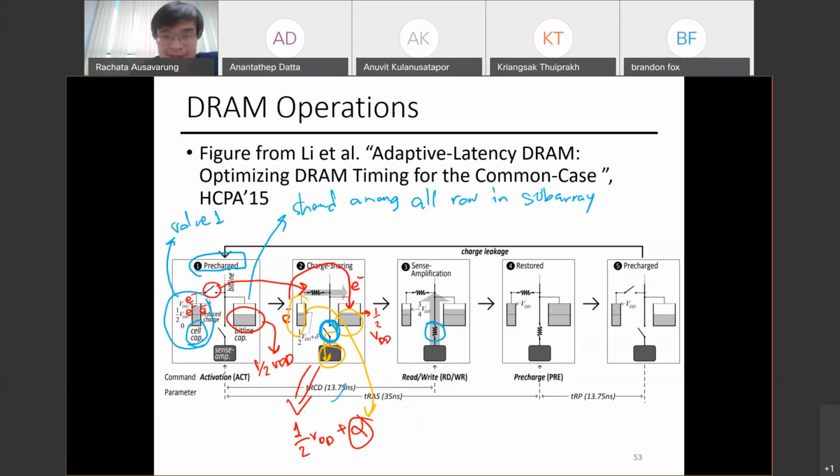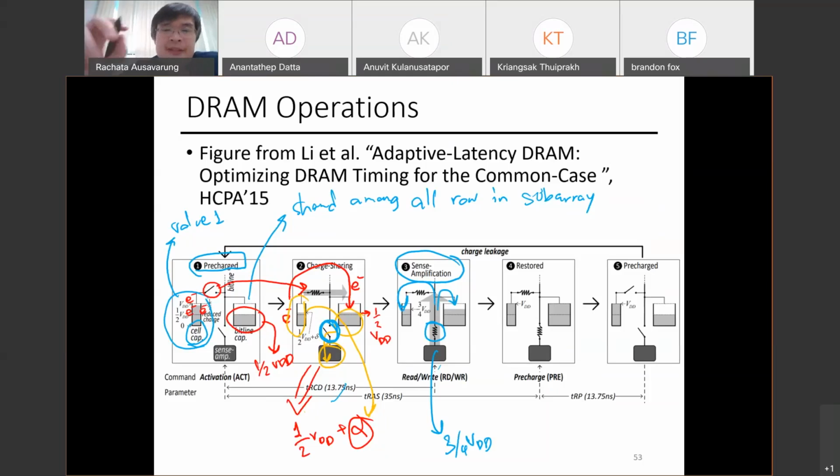When you close the gate, the sense amplifier will amplify the signal and put the electrons in here. So once it reaches 3/4 VDD, over here will be 3/4 VDD, which means you can read from it and hopefully know, okay, that's a value 1.